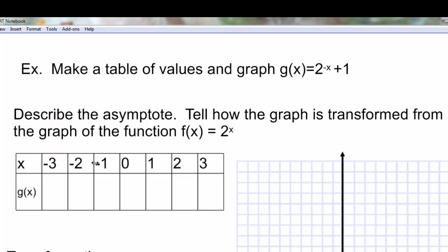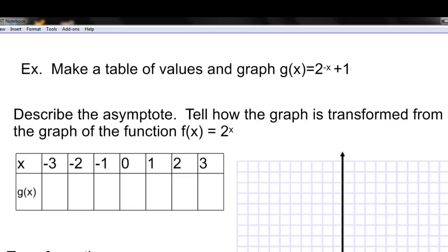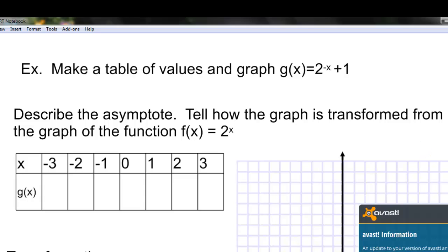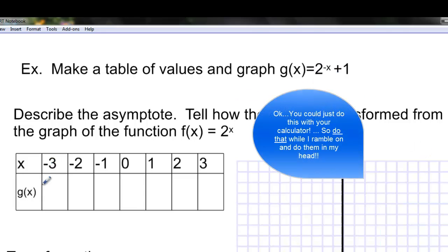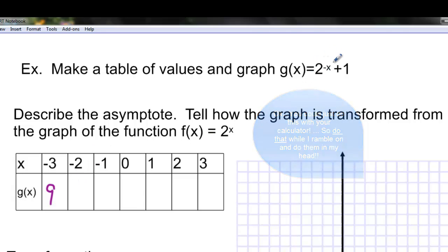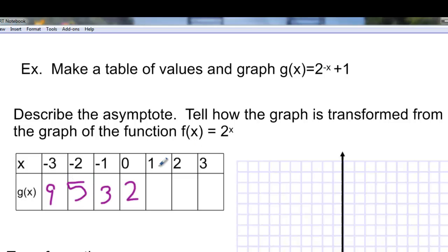Well, if we plug in these numbers into this function right here for x, we will have numbers such as, if we plug in -3, 2 to the opposite of -3 is going to be 2 to the positive third, which is 8. Plus 1 is going to be 9, so we're going to have 9 here. And if you plug in a -2, you're going to have a 2 to the positive 2, that's 4, plus 1 is 5, and so on. 2 to the -1, that's 1/2, plus 1, that's going to be 1.5.